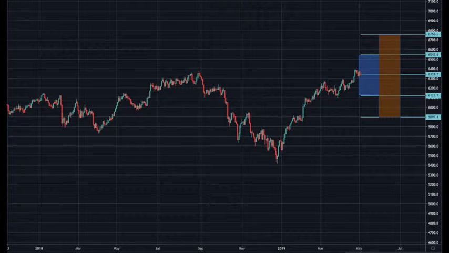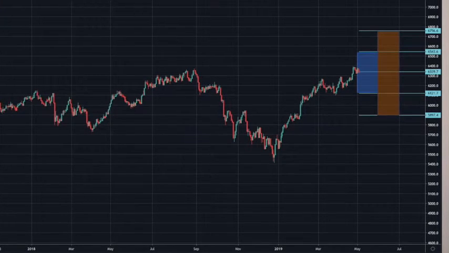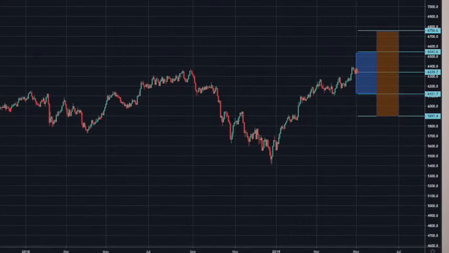So what I mean by that is if you want a 95% probability that over the next 30 days the market will trade within a specific range, at the moment, based on the current volatility levels and where the market's trading, institutional traders are essentially saying that the market could move up 6.75%, up to 6,763 points, or down to 5,907 points. And I've got this marked here by two different boxes on the table here.